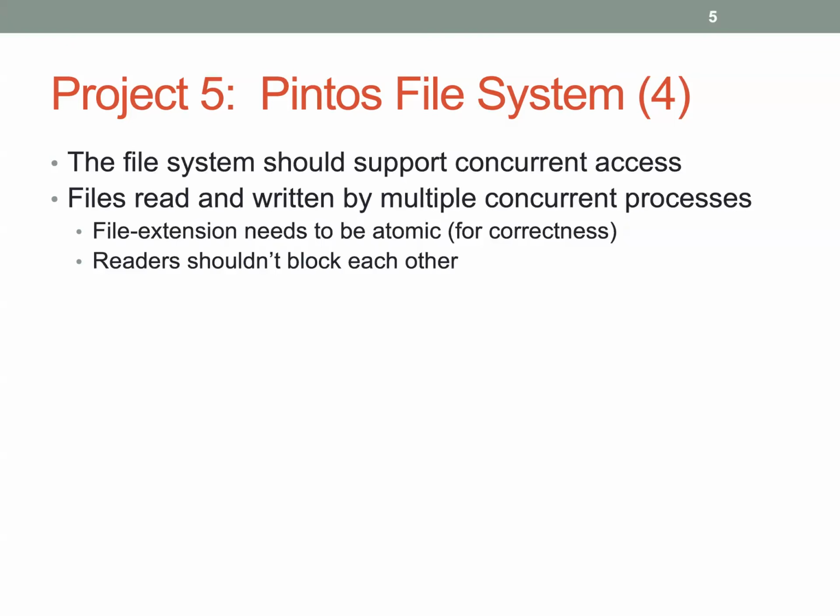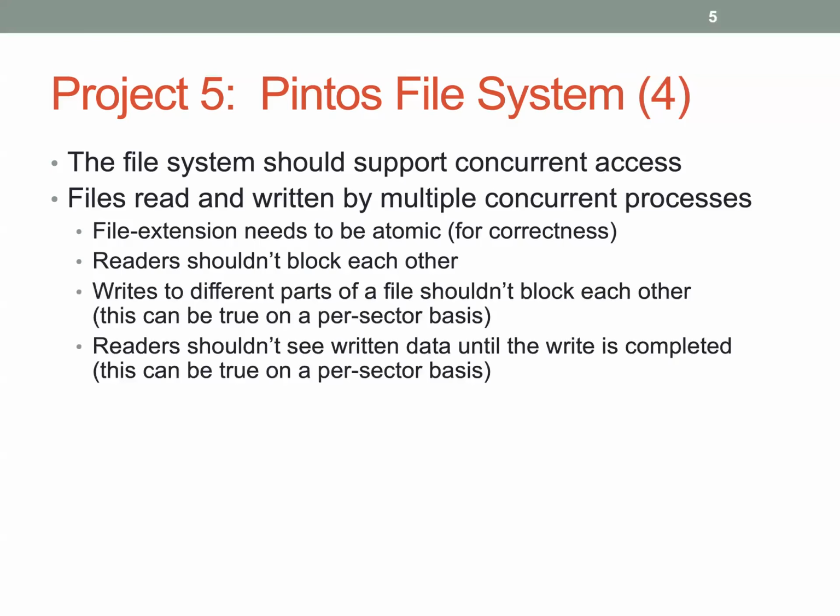And a lot of times it manifests as multiple reads that are in the same region instead of properly extending the file each time. And so there are some tests that hammer on this pretty heavily, and I have a suggested approach later in the discussion for how to do this. And also, readers should not block other readers ever. And if you can achieve that, then you will have satisfied the requirements of the concurrency aspect of the project.